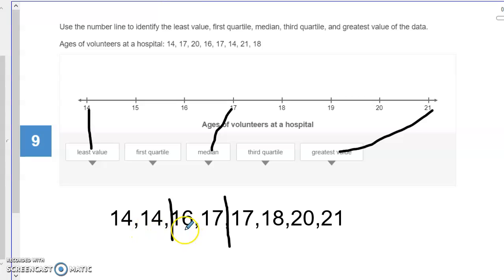So I would add 14 plus 16 divided by 2. So my first quartile would be 15. So I would drag that first quartile right there. And then my third quartile is going to be between 18 and 20. So 18 plus 20 divided by 2 would give me 19 as my third quartile. So I would drag that right to there.